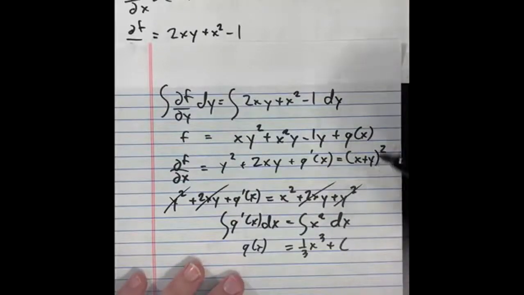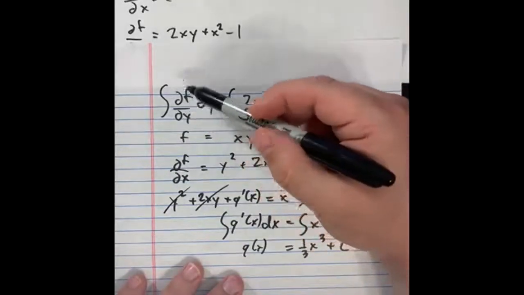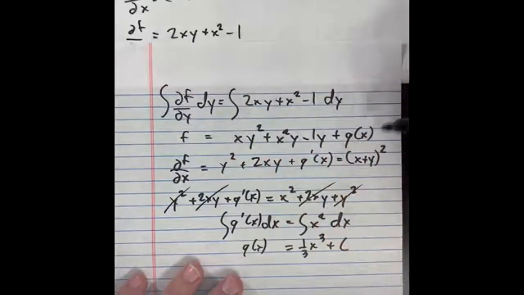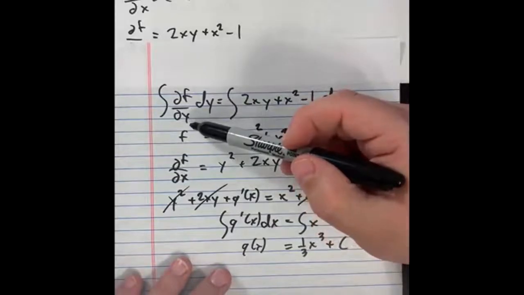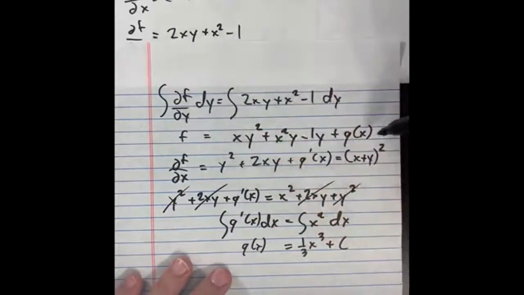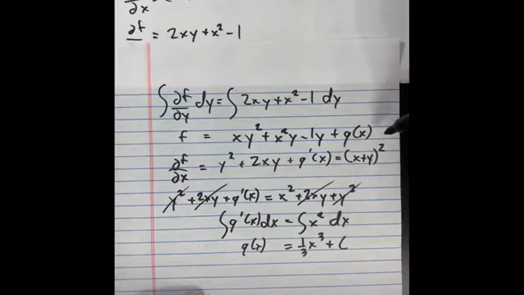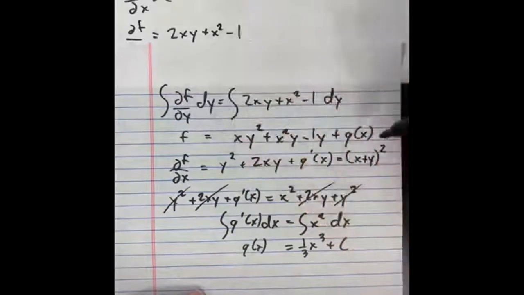Whereas before, up here, I was dealing with partial derivatives, so when I undo it with an antiderivative, the constant is some function of all the other variables besides the one in the partial derivative. In this case, it's just x. So if you had a three-dimensional function of x, y, and z, and you undid a partial derivative with respect to y, this would be a function of x and z.